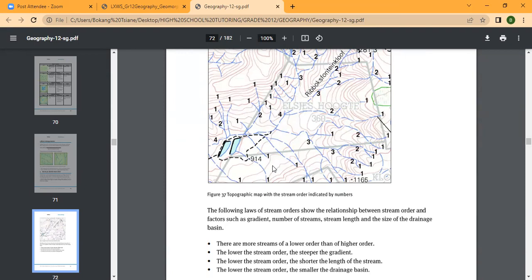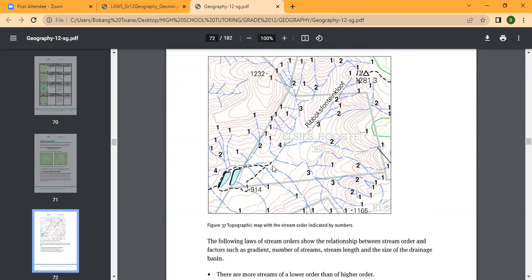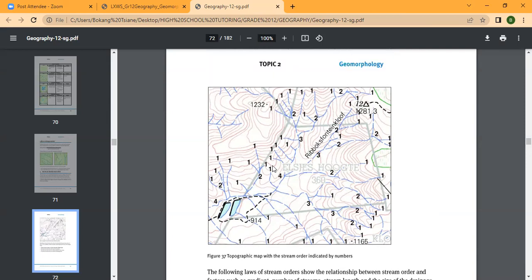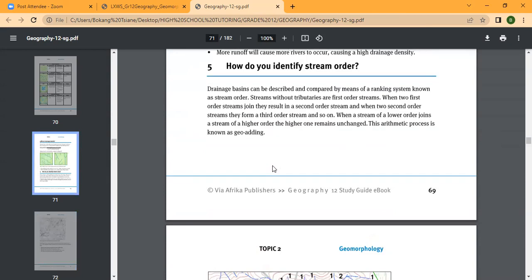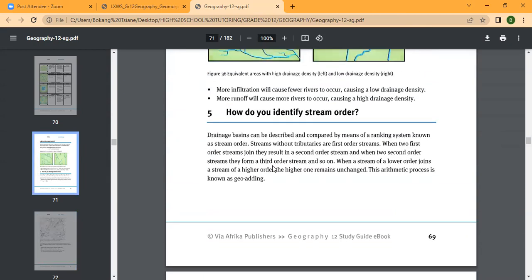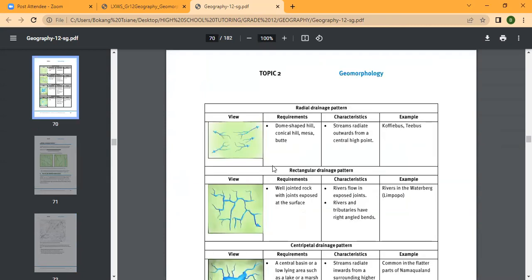There's more water flowing in 4 than in 1, because 1 is short. You can see 1 is short, and this means that the density of the stream is low. So you have to relate what we've done before to what we're doing. Stream order, we relate it to the drainage density, and the drainage density we related to the drainage patterns.